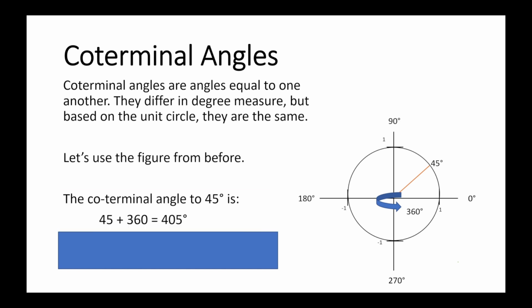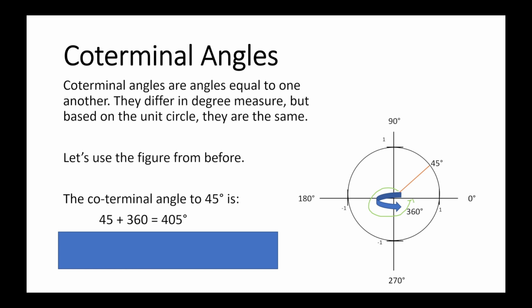If we think about this, when we go fully around the circle, 360 degrees, okay? So we're just going to follow this arrow here. I'm just going to go around all the way. I've hit here, okay? This is my 360 degrees.